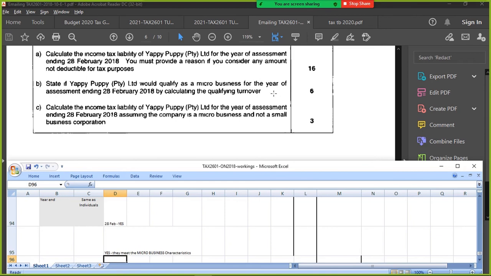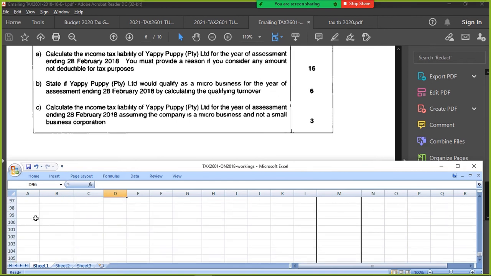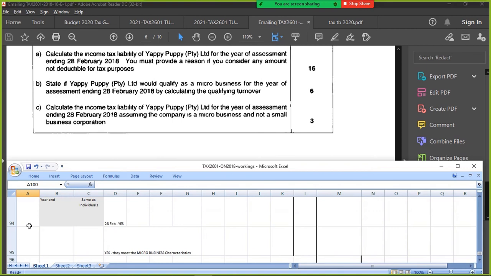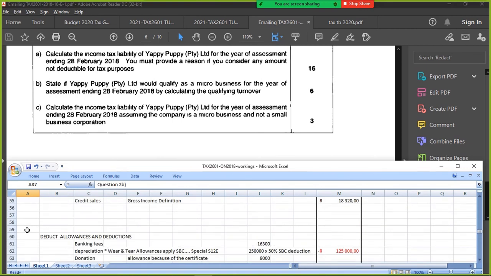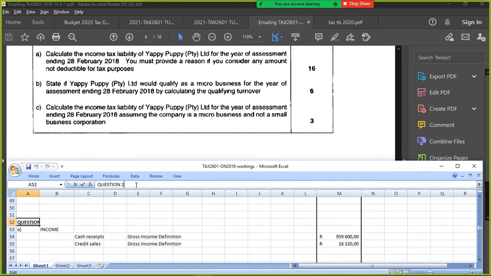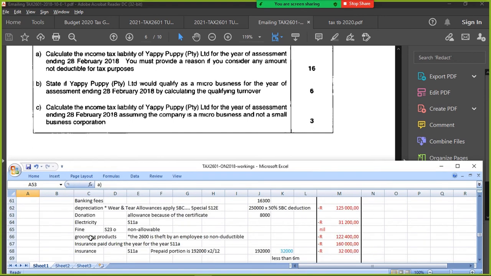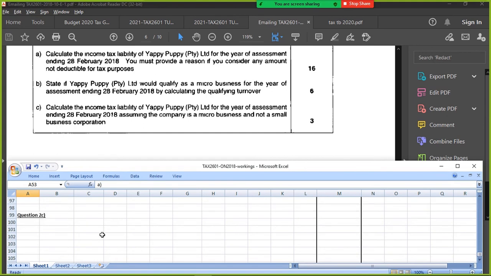Sorry? They said there's no theory for units 1 and 2. Oh, okay. So you will probably have to do it. Yeah, that's something that you might have to do actually. Calculate the income tax liability for the year of assessment, assuming it's a micro, not a small business.